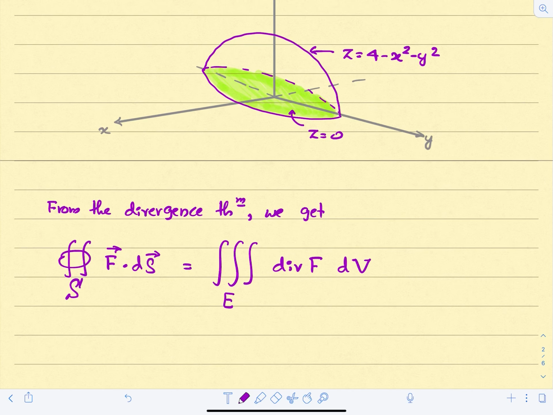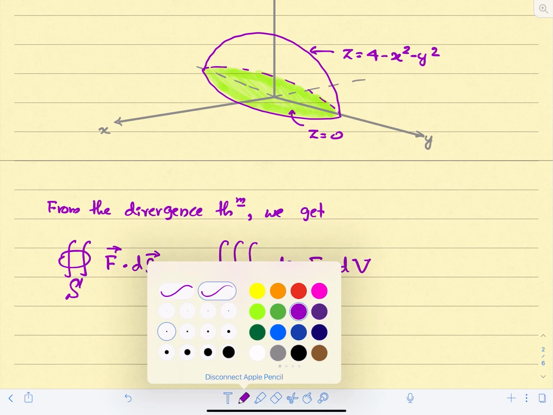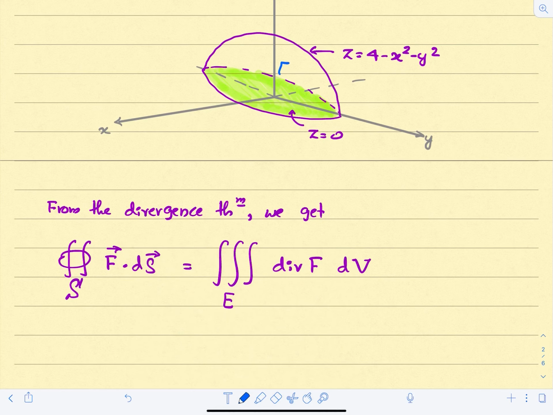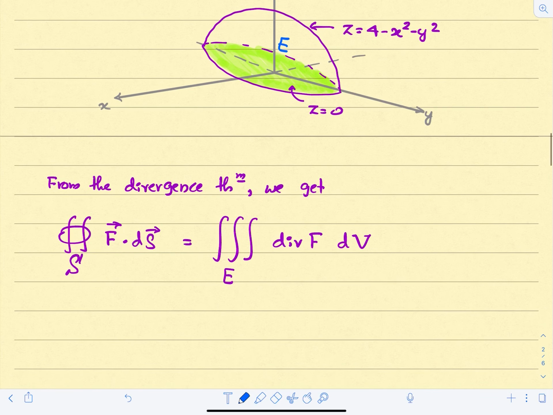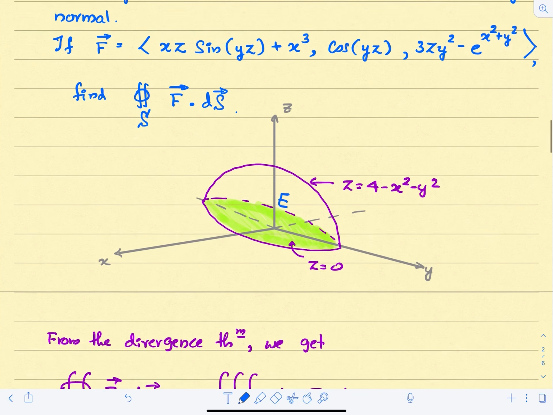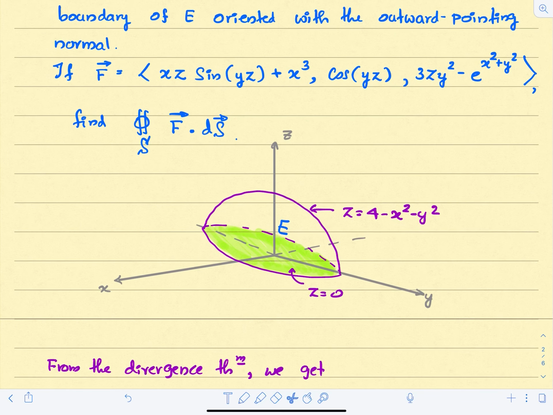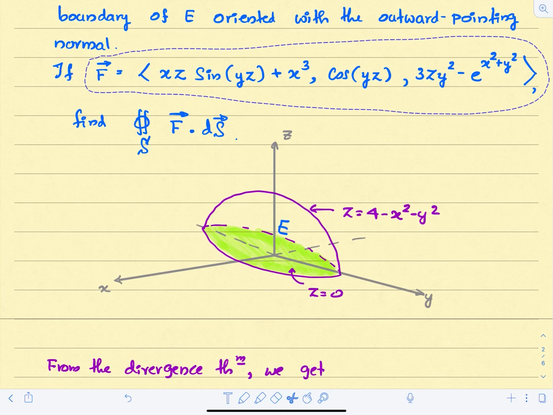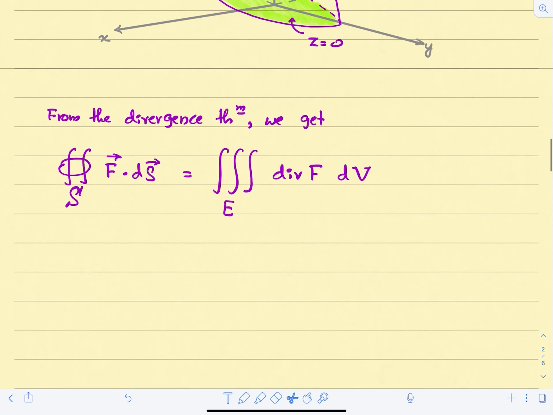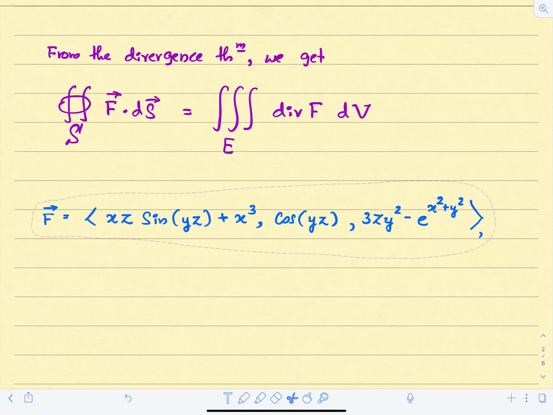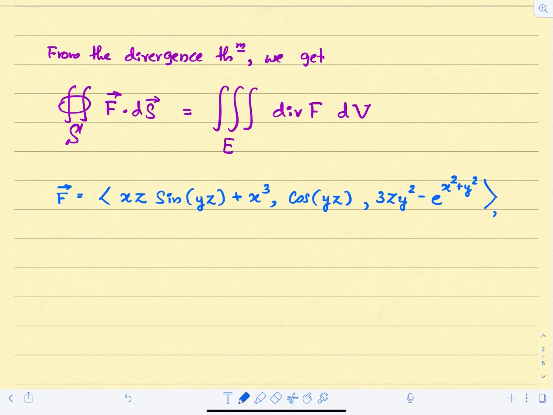So let's say your domain bounded by these two surfaces is E. So that's your E. Okay, so let's calculate the divergence of F. Our vector field F is this one. This is your vector field.